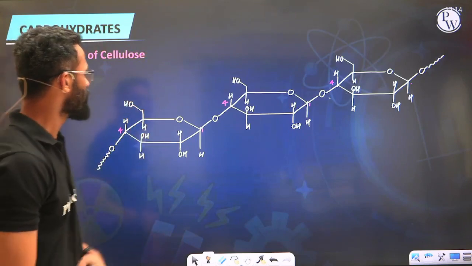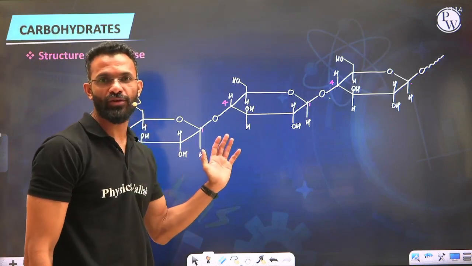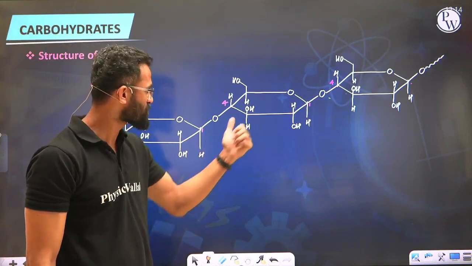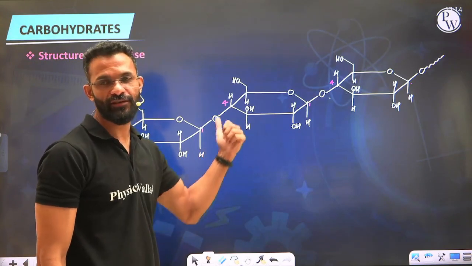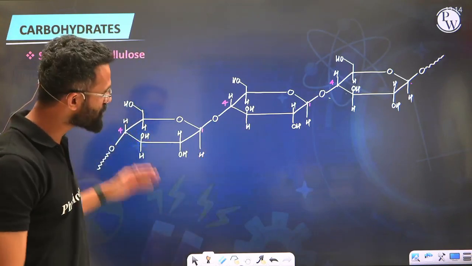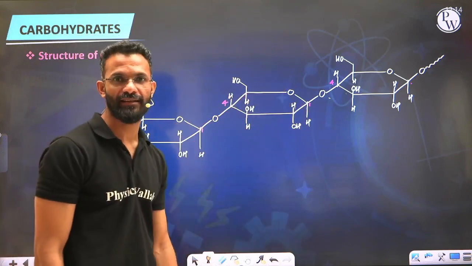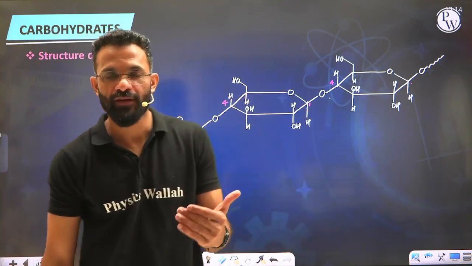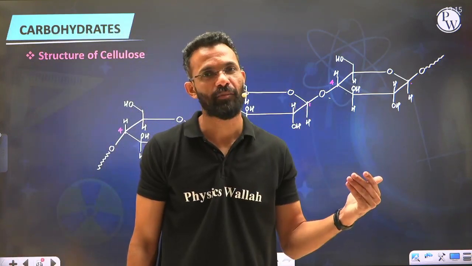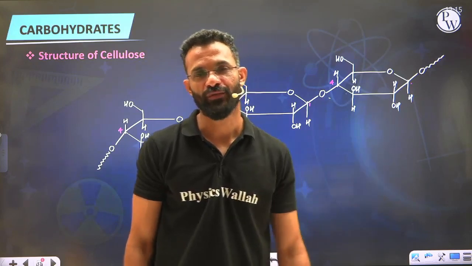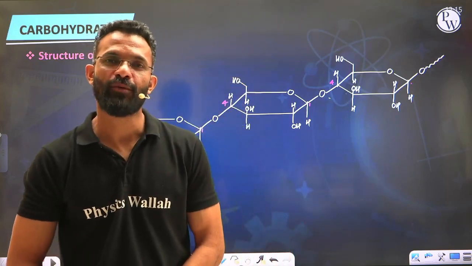Basically, you will see we have got units of beta D-glucopyranose, and those are connected to each other via C1-C4 glycosidic linkage to give you a linear polymeric chain like that. So what we did in case of cellobiose, we just extended that by taking many units. We got cellulose straight away.